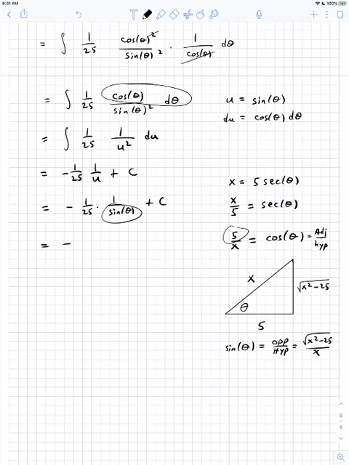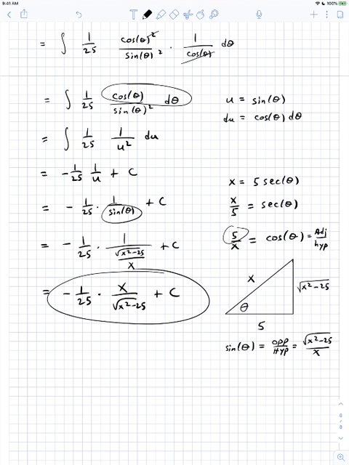So we're going to have minus 1 over 25 times 1 over the square root of x squared minus 25 over x plus c. And if you divide by a reciprocal, that's the same as multiplying by x over the square root of x squared minus 25 plus c, and that's your answer.